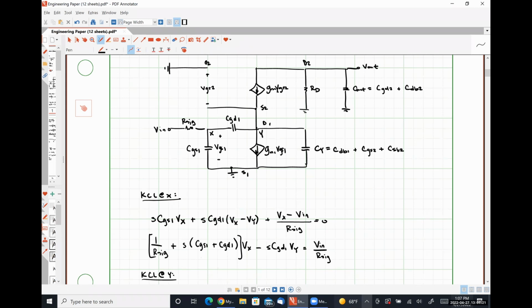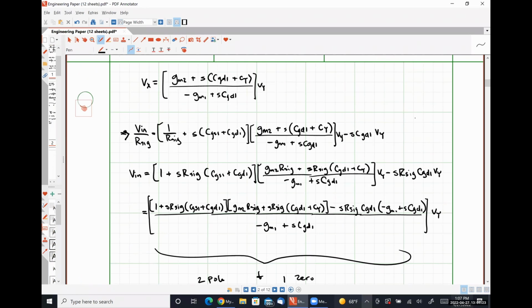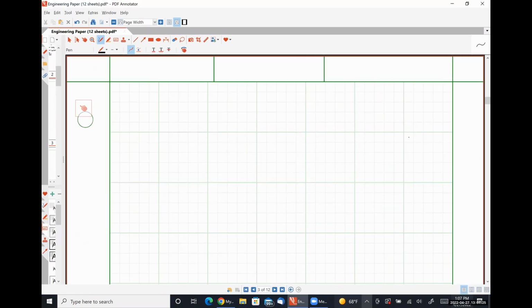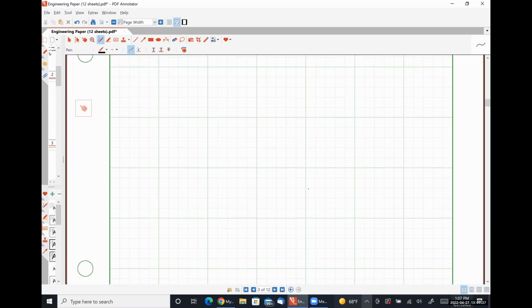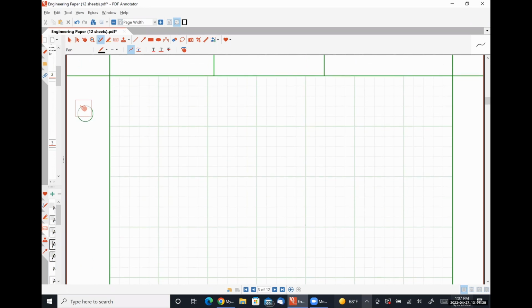So if I had the following circuit. Here's RD. Here's my bias voltage, V bias.